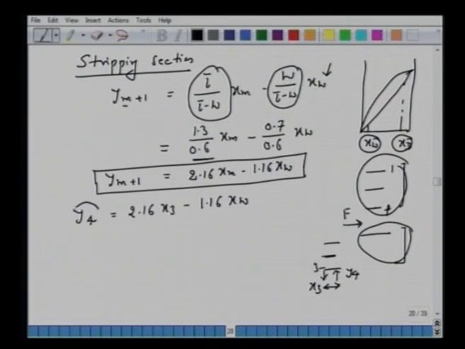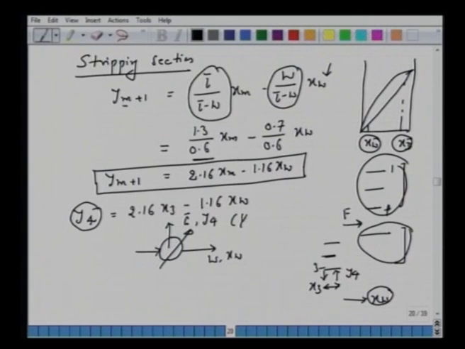Okay, what is Y4? Y4 is in equilibrium with the composition Xw. So when you have the reboiler, the liquid arrives here. We are withdrawing the product W with Xw, and part of this liquid we are vaporizing as G bar with the composition Y4, or Y Np plus 1, where Np is the last stage.